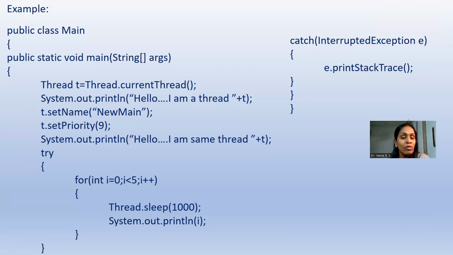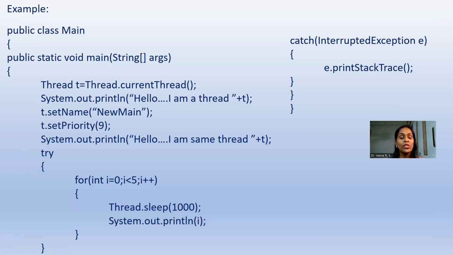After that try, we have written a catch block where InterruptedException can be caught with the object e. And when you say e.printStackTrace, it is going to display the description of that particular exception. So if you try to interrupt it, InterruptedException will be thrown and the respective error message will be displayed on the console.